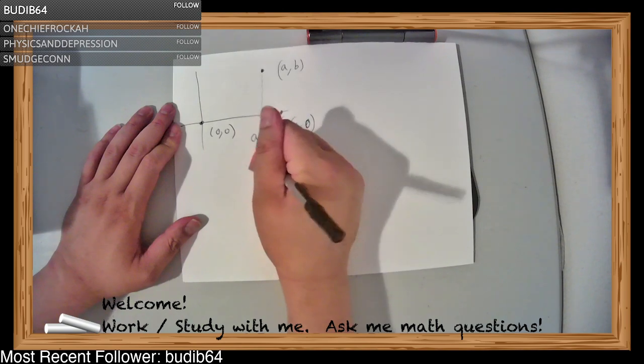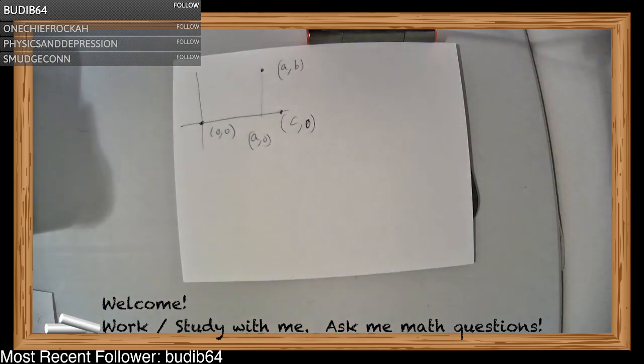This will be a comma 0. Let's see. Is there a nicely tricky way to do this?